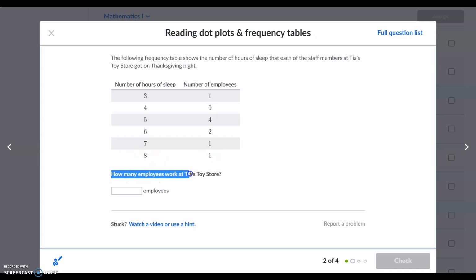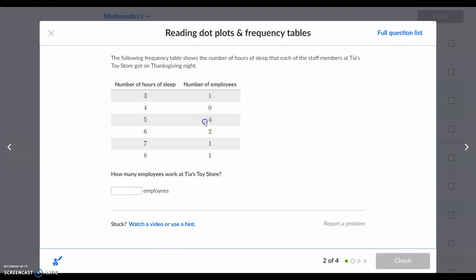So how many employees work at Tia's toy store? So we're looking for a total here, because it says how many employees. So I'm going to add up all of the employees. Do we have a calculator here? There's no calculator, so I just have to add it up in my head.